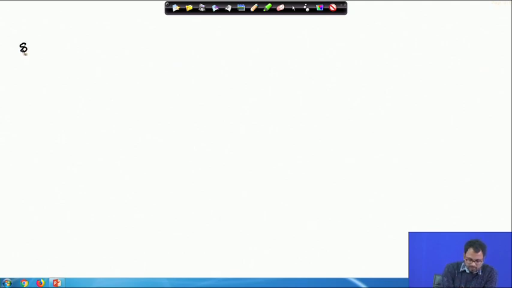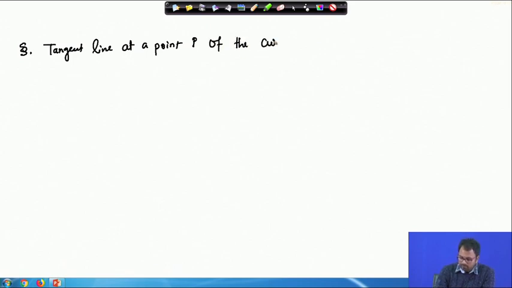So, basically now we are going to study the tangent line at a point P of the curve r equals f(s), or basically we are interested in the unit tangent vector.